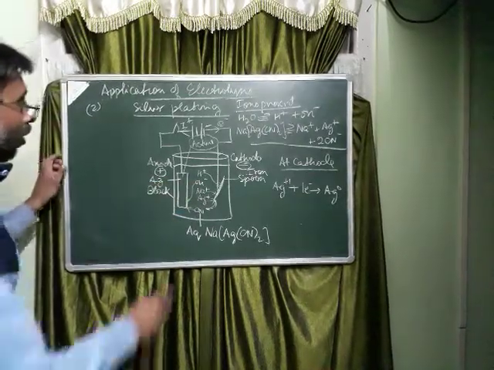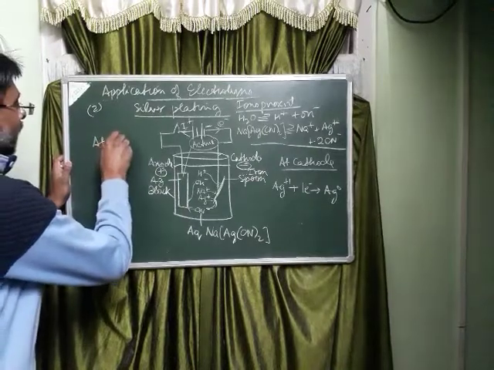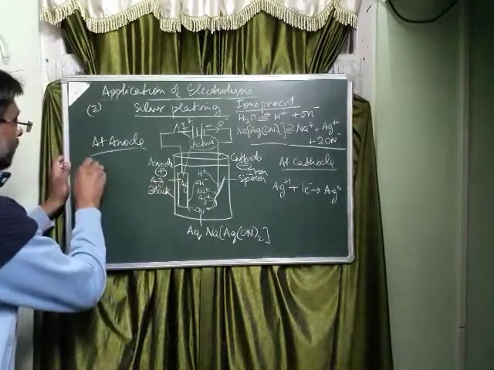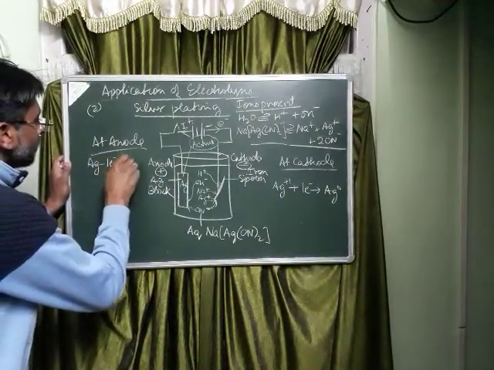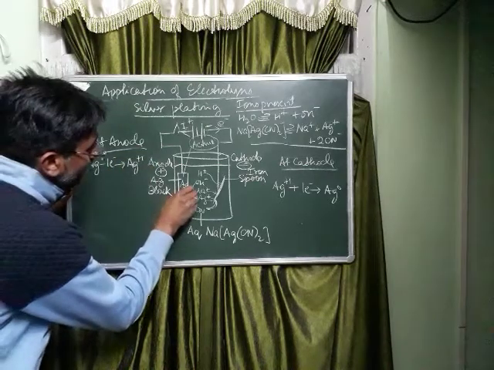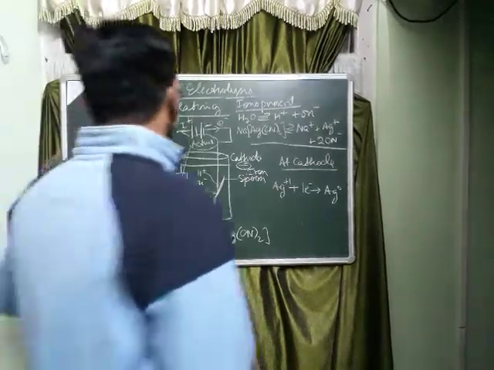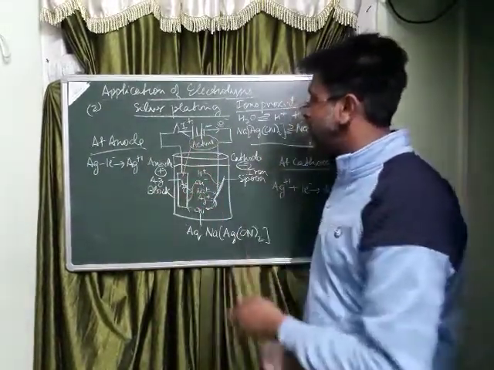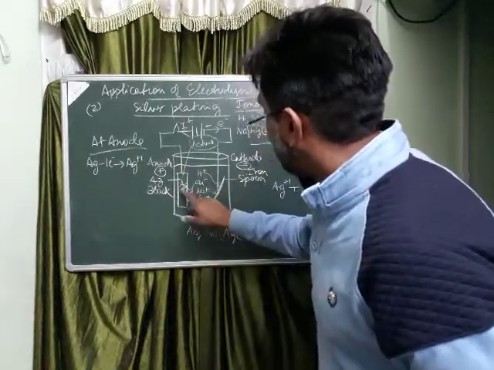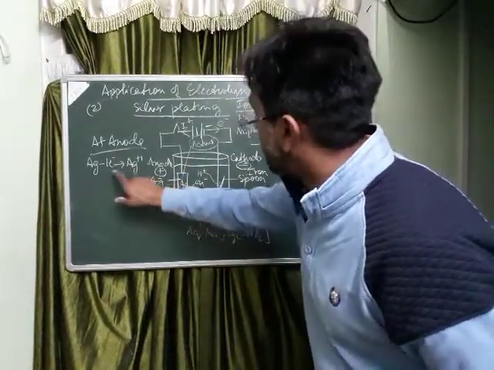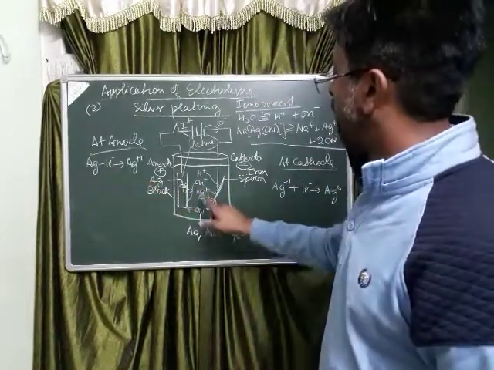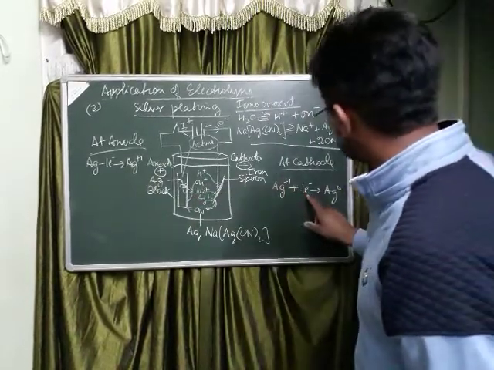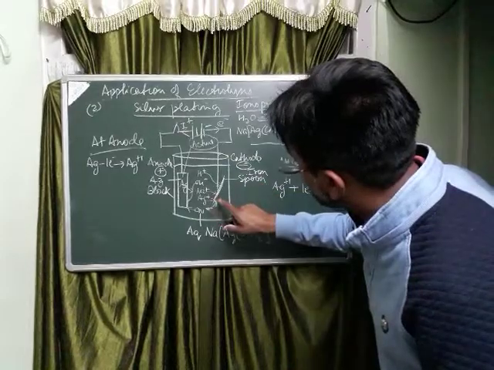Okay, so therefore, what happens at the anode? At the anode, the silver atom on this block will lose 1 electron and form silver ions and then enter into the solution. So, when this is carried out for quite some time, when you pass a low current for a longer time, slowly and steadily, all the silver atoms lose electrons and enter into the solution by forming ions, and then they migrate to the cathode and gain electrons and form silver atoms by depositing on the iron spoon.